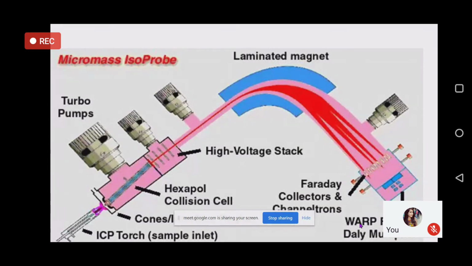In single focusing, there is a magnetic sector that separates, and you go on changing the magnetic field, and then different M by Z values will come to the detector and register the current, and you will get a peak. That is how the basic diagram is. The magnetic field deflects, and therefore the ions with different M by Z values will not be able to reach the electrode, which is placed at one particular point.